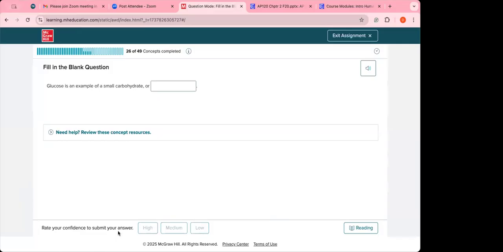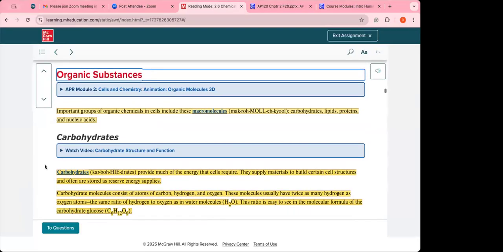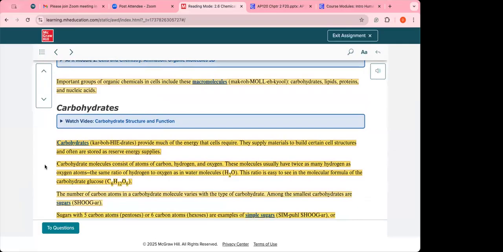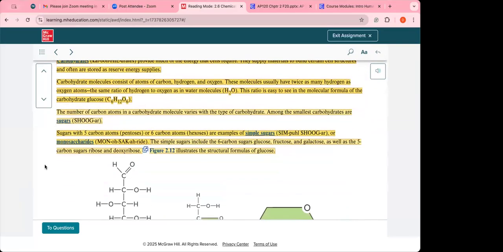Okay, next question. Glucose is an example of a small carbohydrate molecule or blank. Glucose is an example of, okay, I would say a sugar.